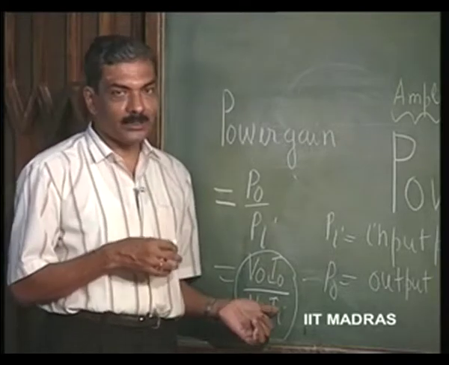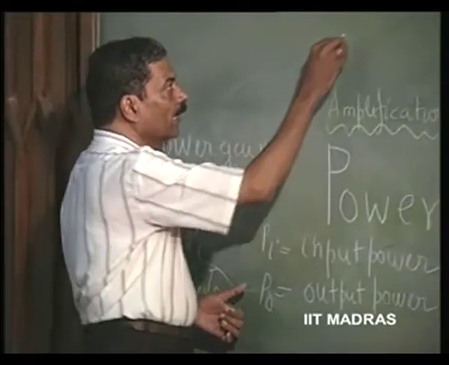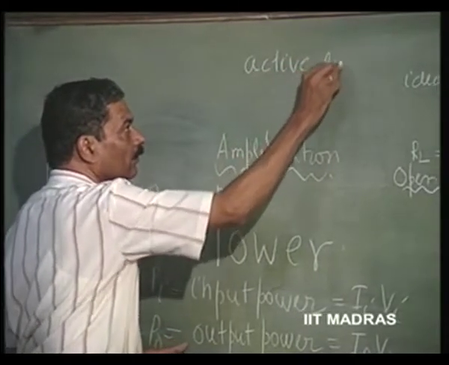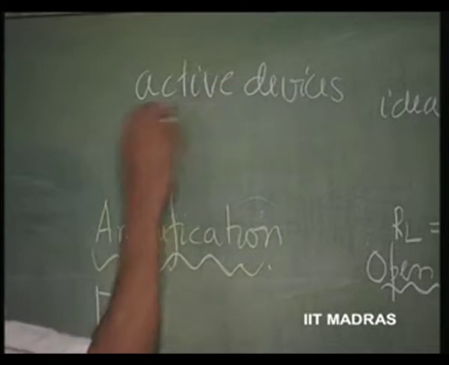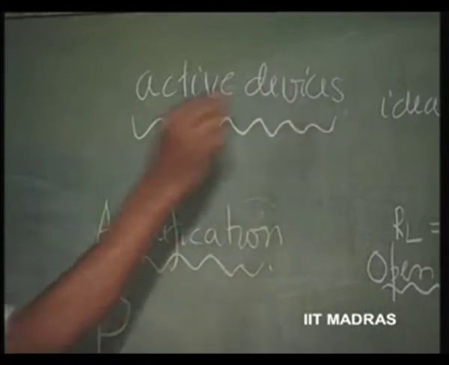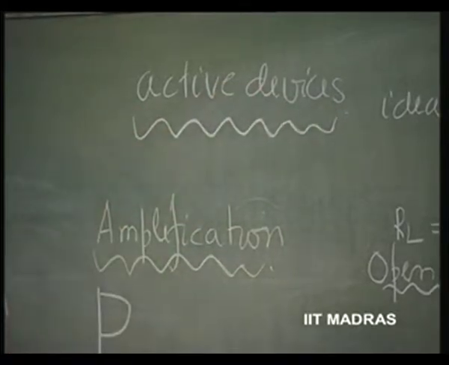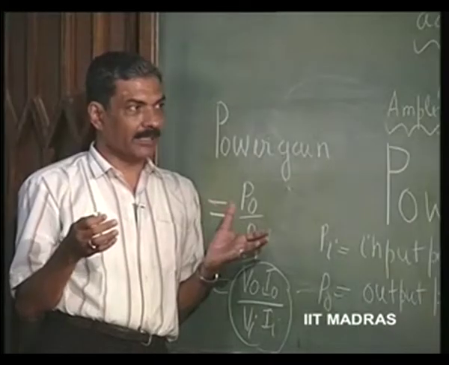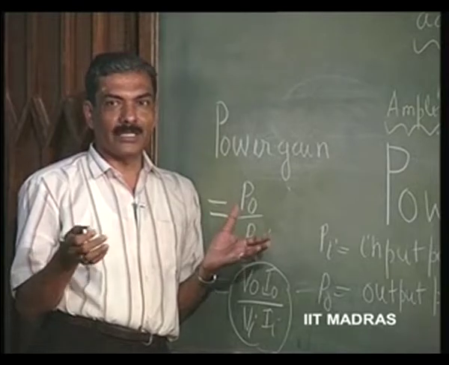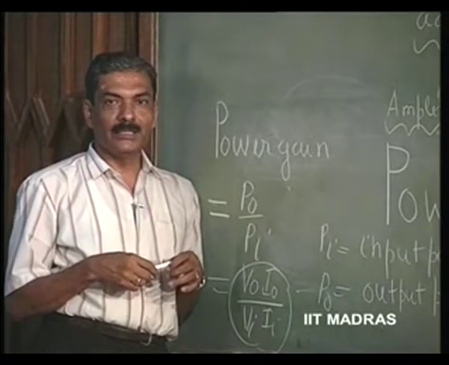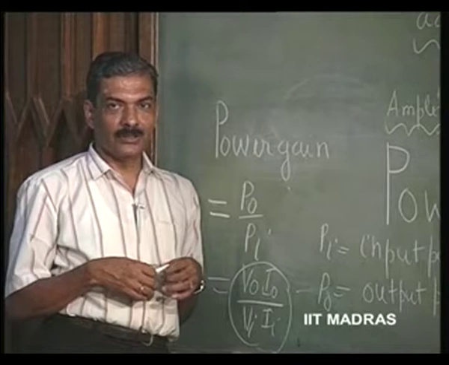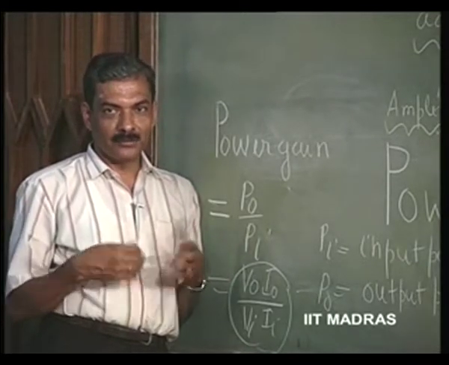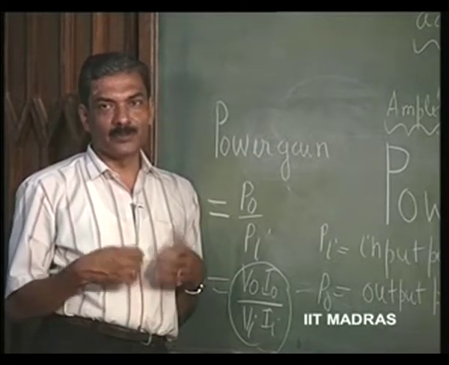Such a thing is possible using what are called active devices. These active devices could be anything that technology can think of. This could be tubes, this could be transistors, bipolar or field effect transistors, this could be op amps.